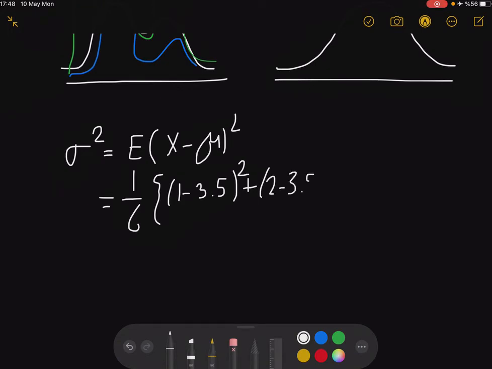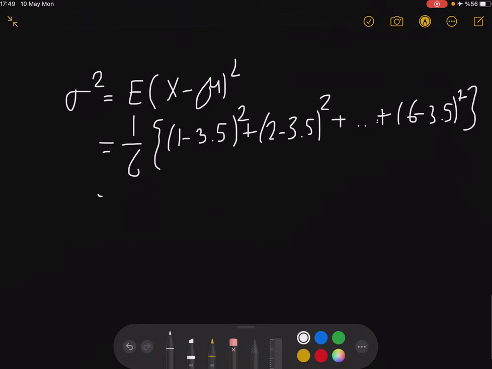How to calculate the variance here, up to plus 6 minus 3.5 square here. When you make the necessary calculations with your calculator, you will end up with 2.92. This is your variance, and your sigma will be the square root of this value.